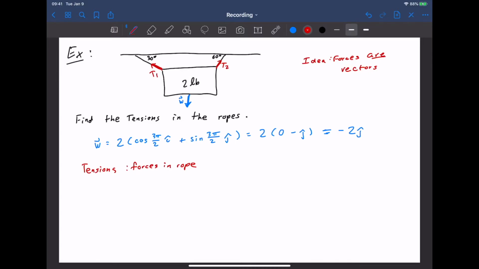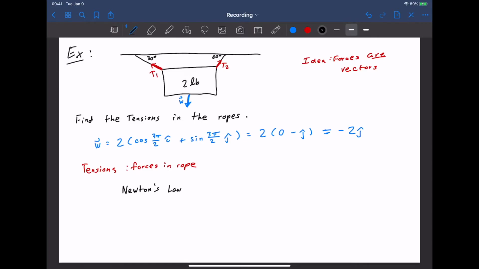How are you able to find the tensions? If this body is at rest, we have a Newton's law of motion here. Newton's law of motion says that if we're at rest, the forces are balanced, right?